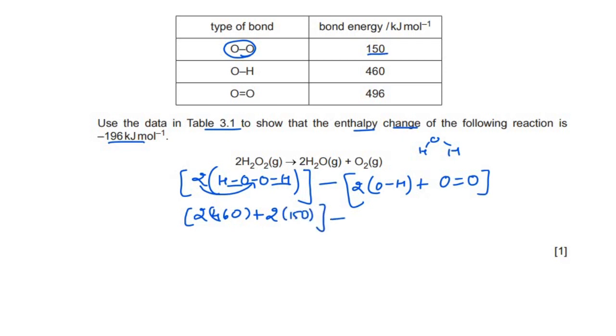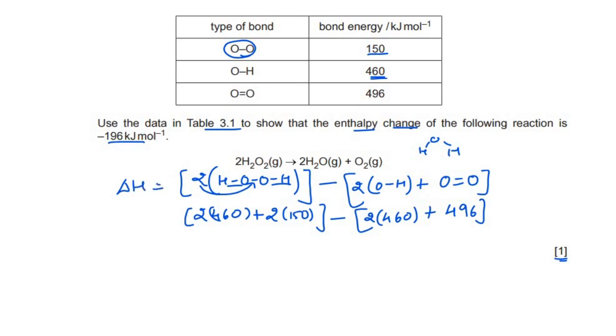This is how I'm writing, and minus the reactant side. Now the OH bond is 460, which we have already written here. So again we have to write 2 into 460. Plus now again O double bond O is 496. Now though it's 1 mark, we need to show the whole calculation.